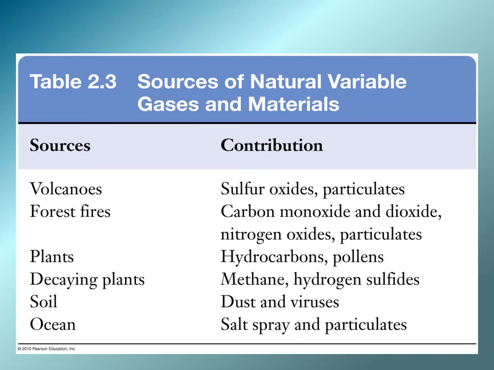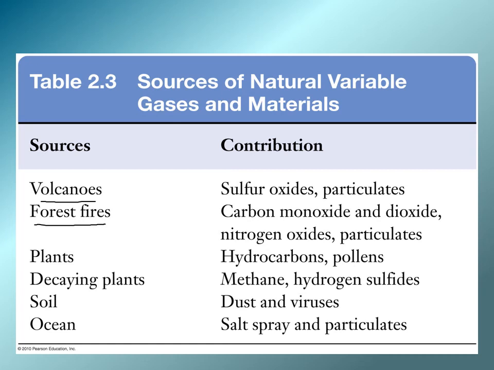In addition to stuff that humans are putting up into the atmosphere through pollution, cars, industry, urbanization, etc., there are lots of other natural factors. Volcanic eruptions can spew lots of different particulates, ash, and gases such as sulfur oxides.